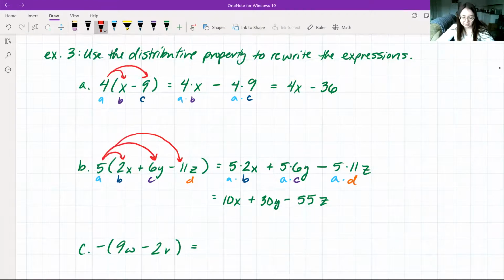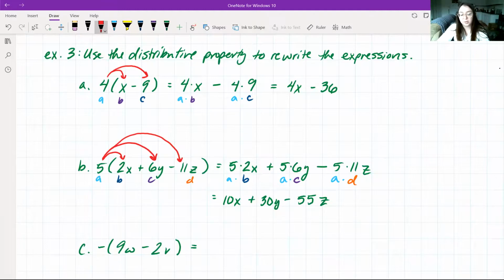Then lastly, for part C here, we don't have a number outside of our parentheses, but we have a symbol. We have a negative symbol. If we just have a negative, this is equivalent to saying -1, since 1 doesn't change our value, but the negative does. Or we can just leave our negative and distribute our negative.